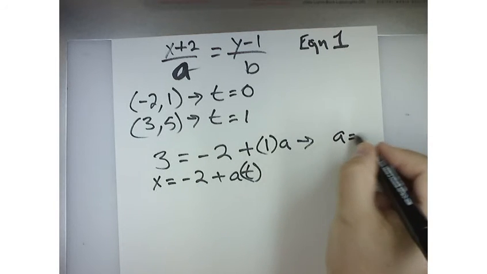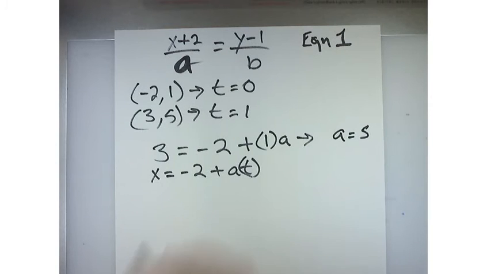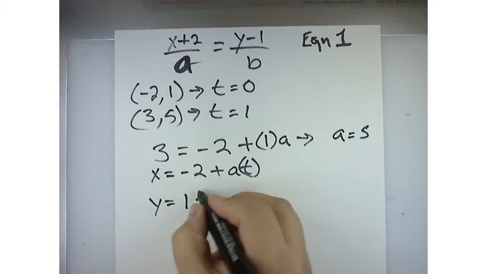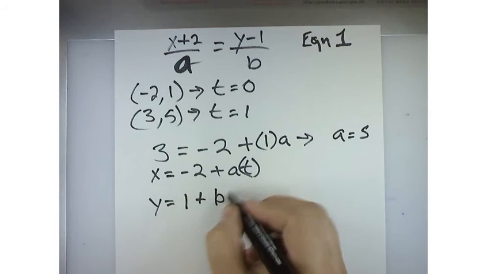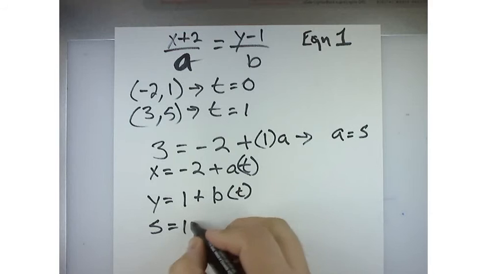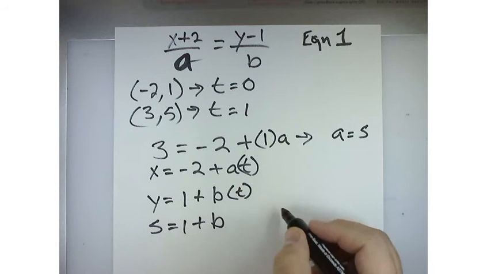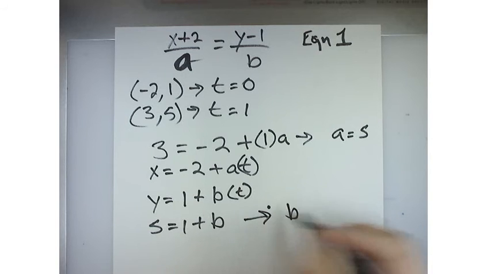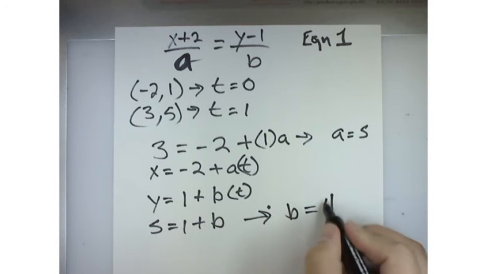a equals 5. Okay? Now if I take the second equation, which is y equals 1 plus b times t, and I plug in the y value, which is 5, what does my b value equal? b equals 4.